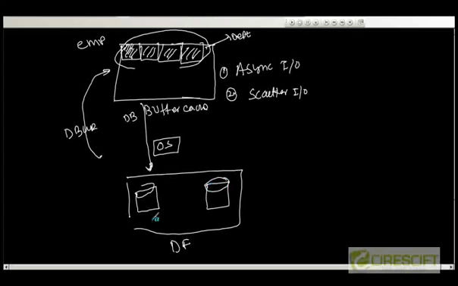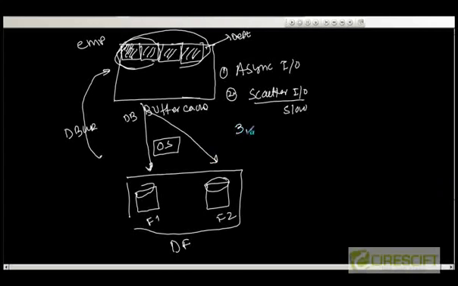These are two data files, file 1 and file 2. I might have multiple disks in my server. My point here is that when I'm writing this buffer cache, I may write to two different disks, and that is why it is called scattered IO, and that is why it is slow, because it needs to write to multiple different disks.